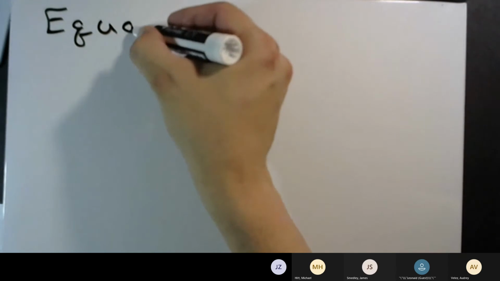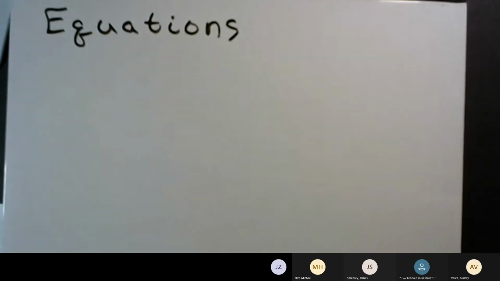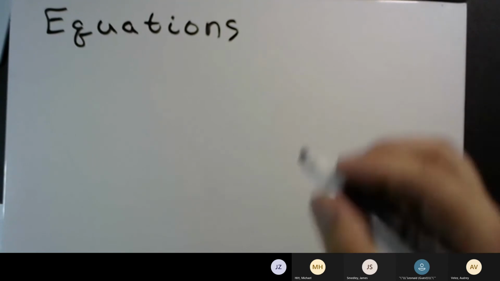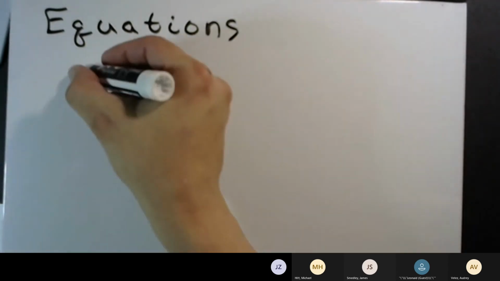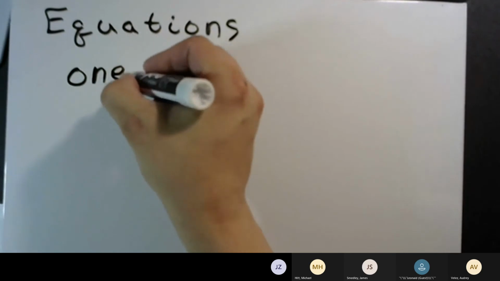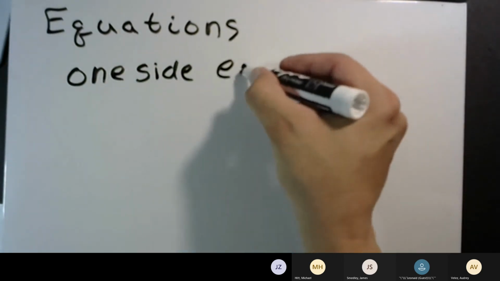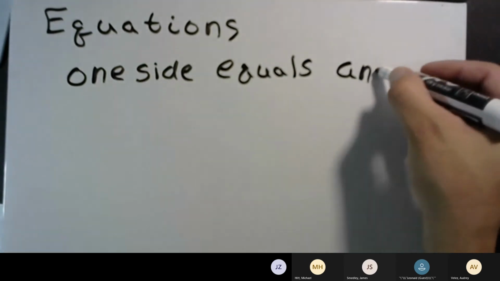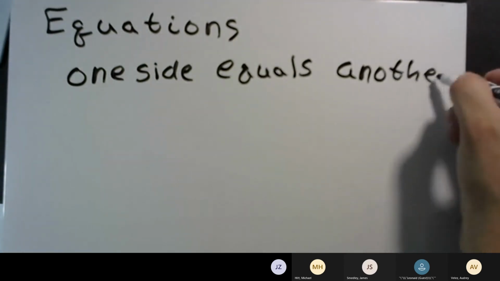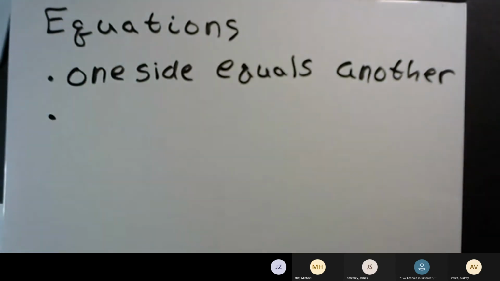Now, if you've noticed, you haven't seen many equal signs. So what's going to happen with equations is that this is where one side equals another. That's the idea of equations.